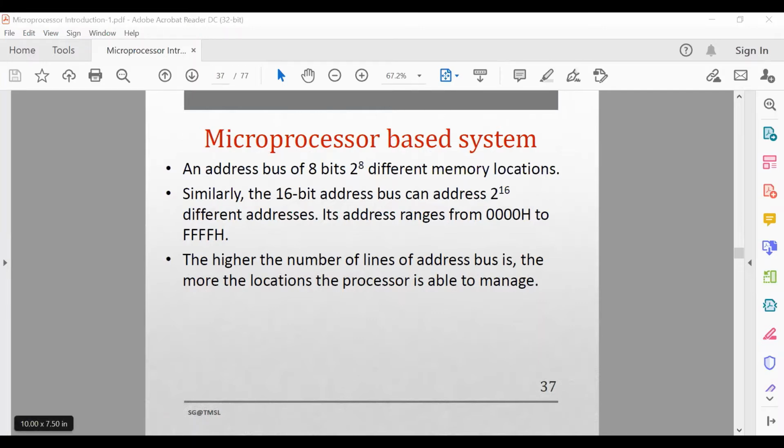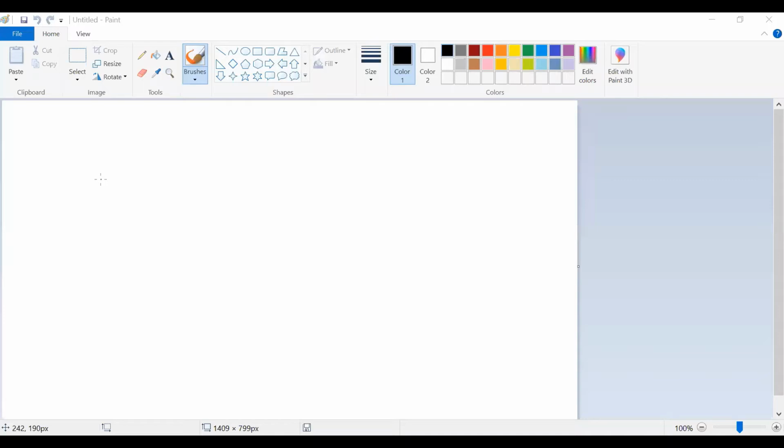Wait a minute, I need to use Paint. Like zero, zero can be written in this way: 0000H. This H represents the hexadecimal number system.